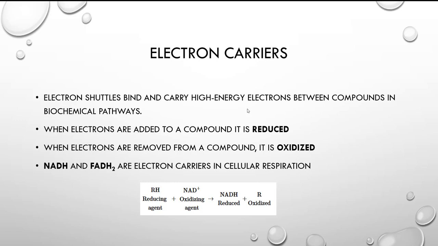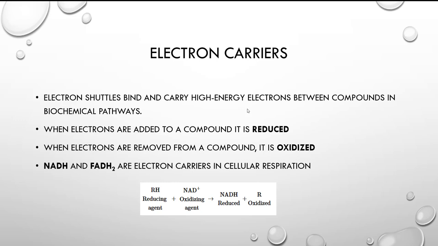When electrons are added to a compound, it's a reduction type reaction, so it's reduced. When electrons are stripped from that compound, it's oxidized.